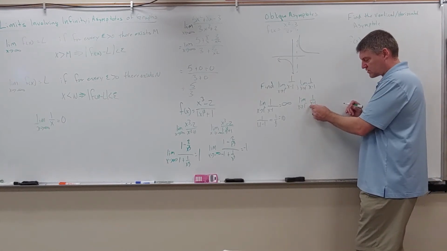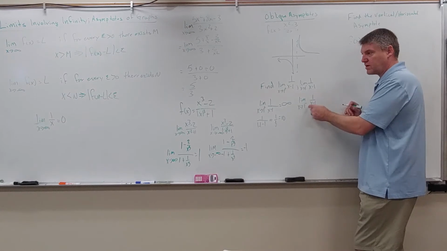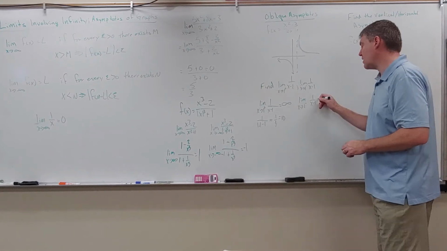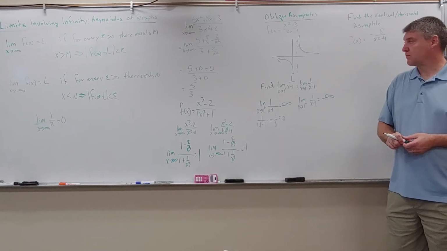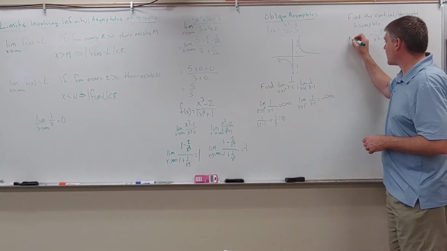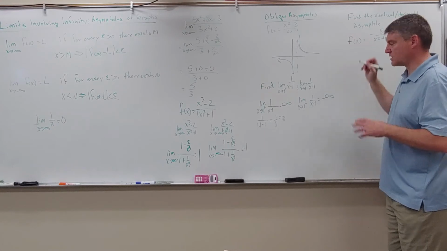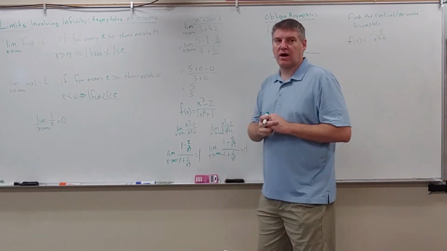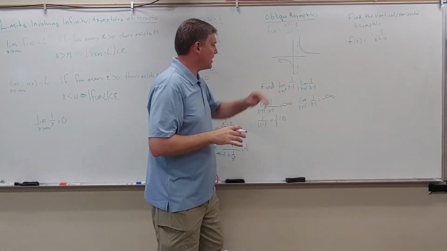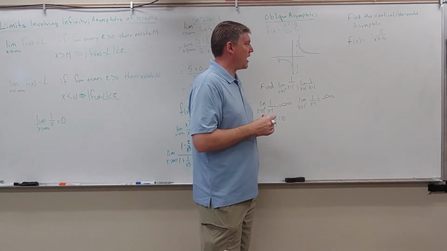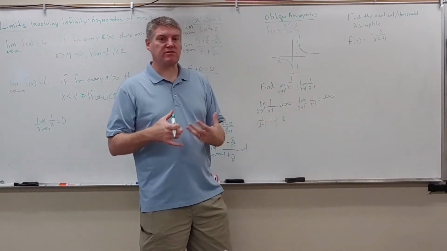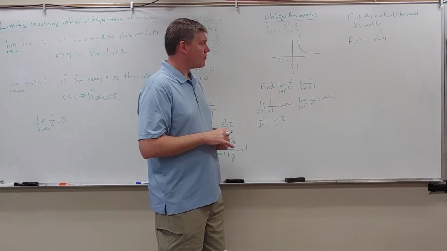As this gets smaller and smaller, so I have 1 divided by a smaller and smaller number, it's going to force that to be negative infinity. I hope you understand that. We talked about what's happening to the graph as we get close to that item. We did not use the limits though, but that's the idea.